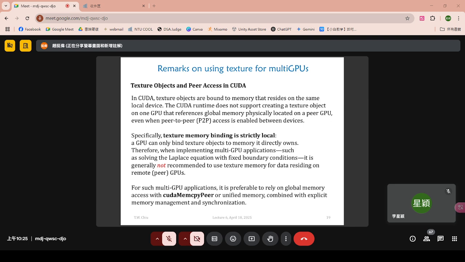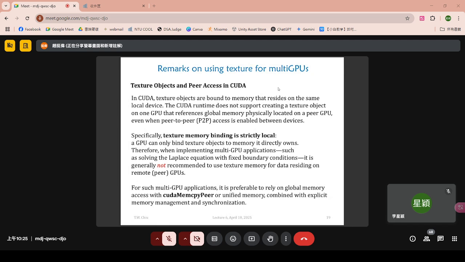Another way is to use unified memory, combined with explicit memory management and synchronization. I will come back to unified memory later.